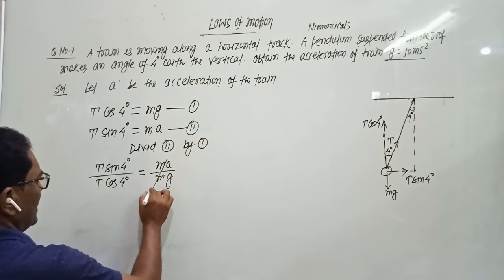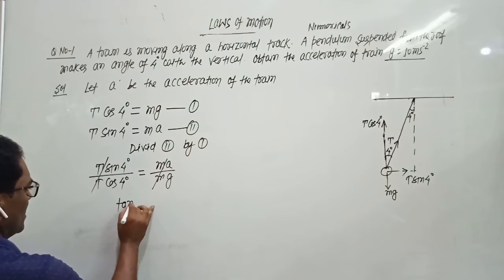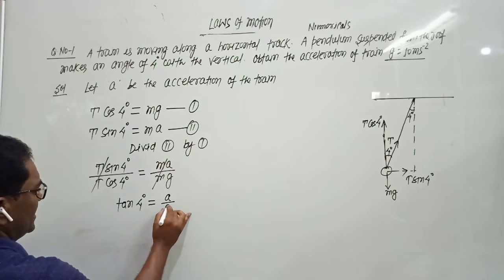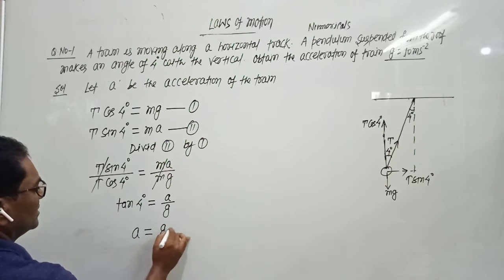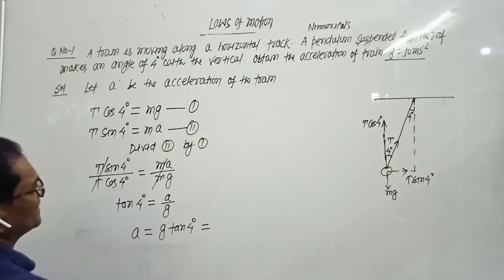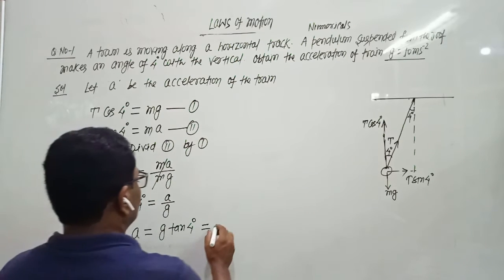M cancelled, T and T cancelled, and sin 4 upon cos 4 is tan 4 degrees, equals A upon G, and we get the value of A as G into tan 4 degrees. The value of G is given, and the value of tan 4 degrees is 0.07.